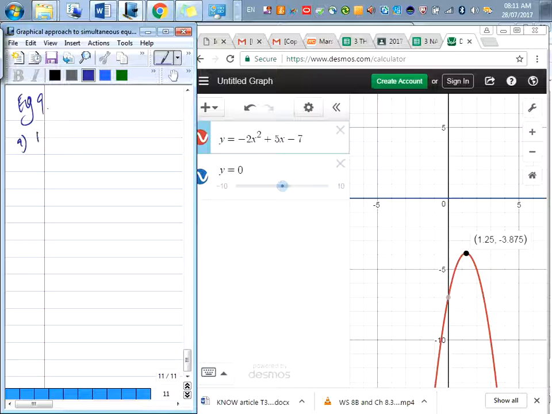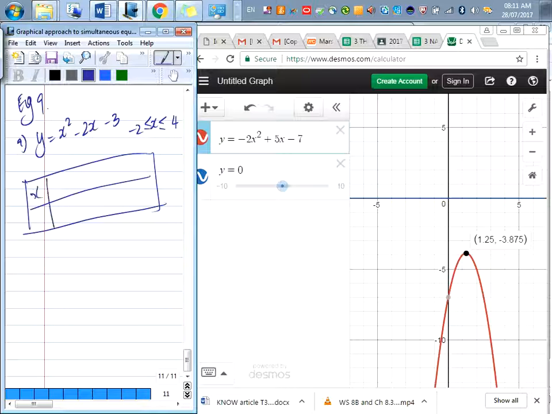Part A, draw the graph of y equals x squared minus 2x minus 3 for x between -2 and 4. They gave you a range to plot this graph. So in your table of values, I will see x and y from -2, -1, and so on and so forth, until 4. Then you get the corresponding values of y, shown on your page 106, then you plot it out.